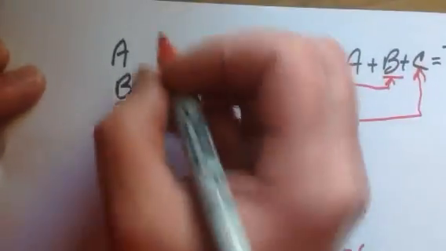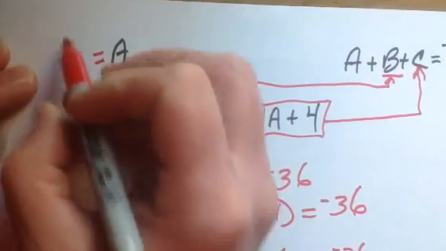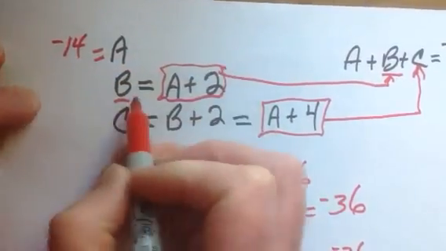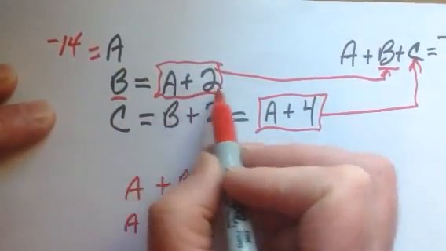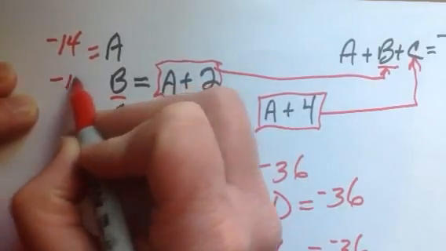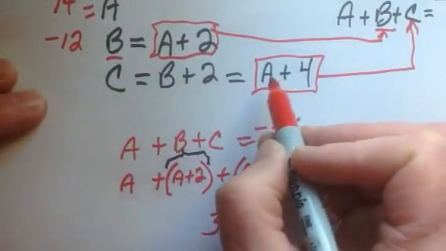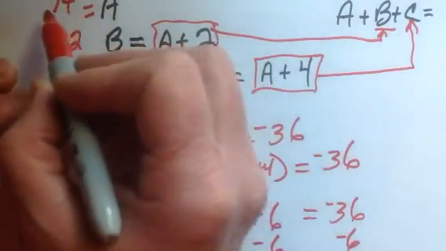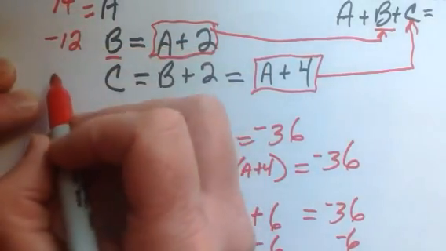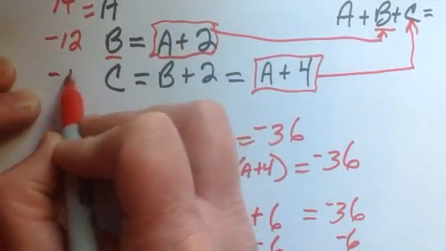So if A is negative 14, B must be negative 14 plus 2, so that's negative 12. And C must be A plus 4, or negative 14 plus 4, which is negative 10.